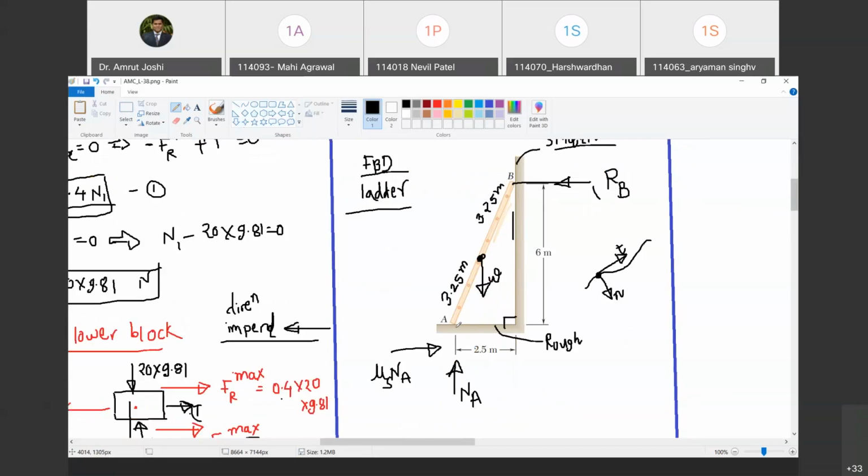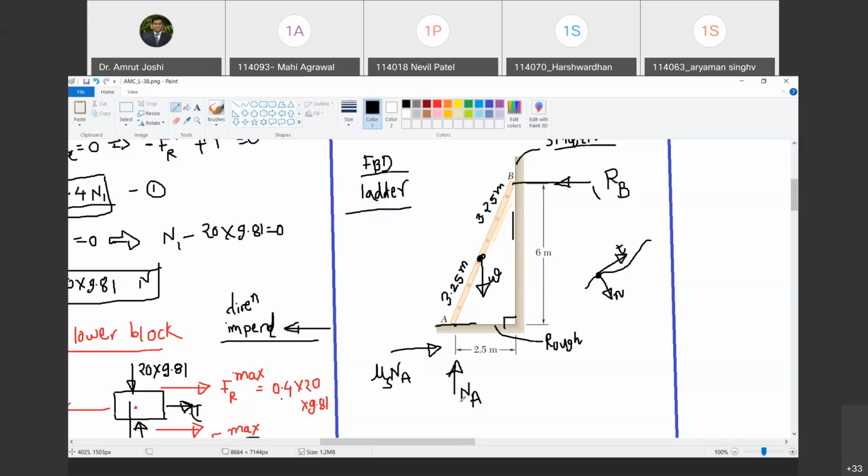Are there two surfaces in contact, or is there a line and a surface in contact? This is a line. Or probably for the ladder it is a point. That point is in contact with this surface which is rough.